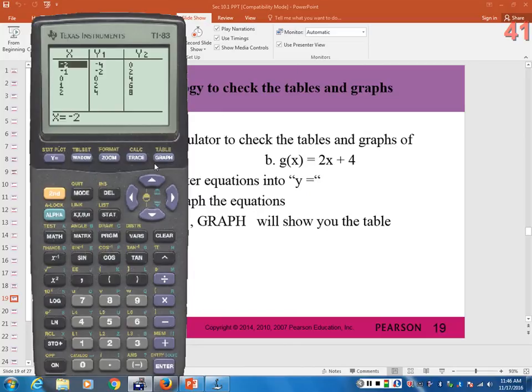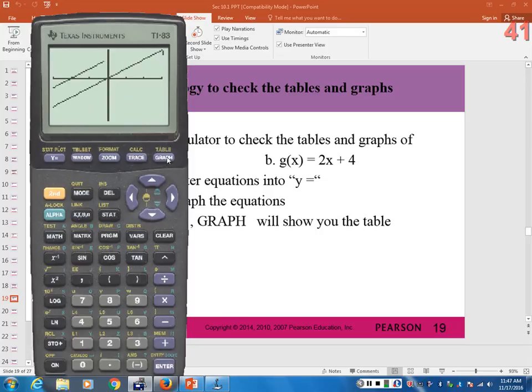So there are your tables. And if you wanted to check your graph, you can do that by just hitting graph, since we've got the same domain. And that's what your graph would look like.